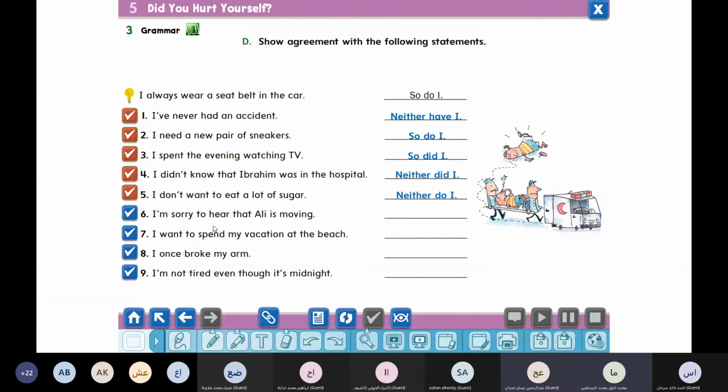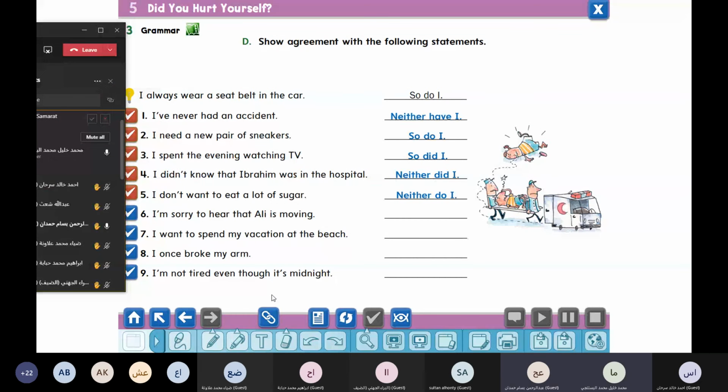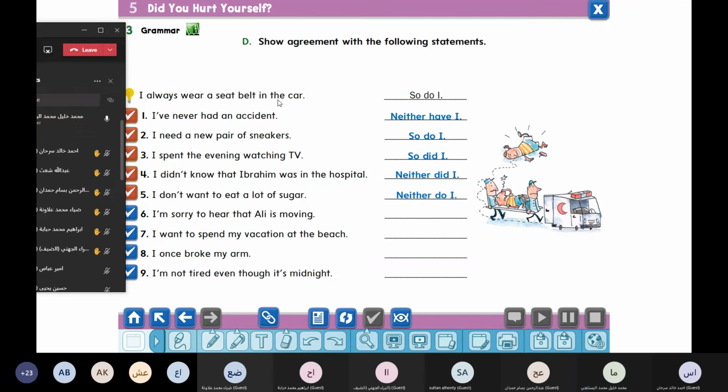I'm sorry to hear that. The grammar of this, please. What is the grammar of this rule? We called it agreement. If you want to agree with someone, you can show agreement in a negative way. We use neither do I, neither am I, or affirmative agreement.